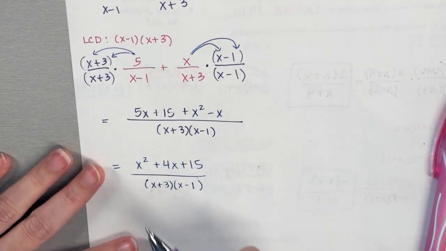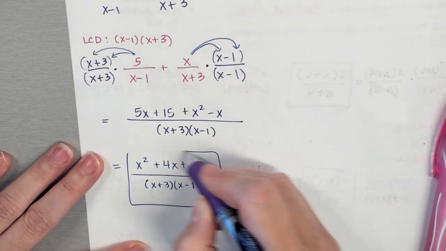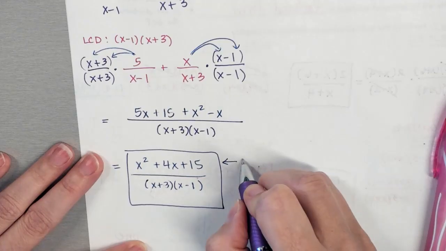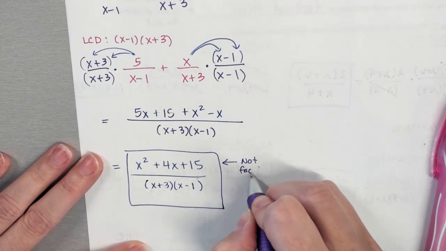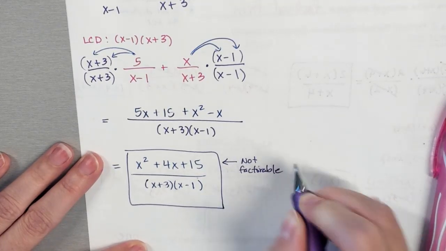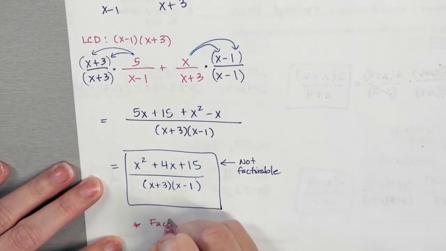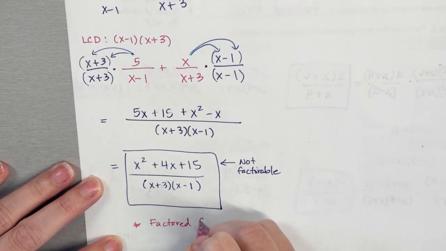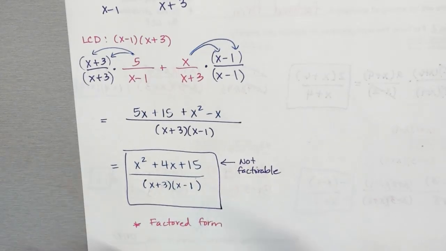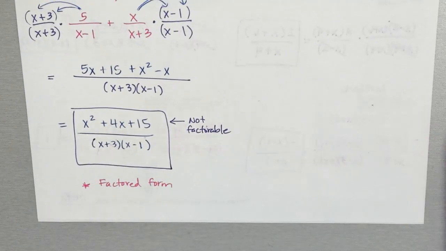So this is your final answer. Okay, so that's not factorable. And again, just like we said on the first page, we're always going to leave these in factored form. So you do not have to FOIL that out. That's just more work for you. That way, if there's anything to cancel out, we can cancel.